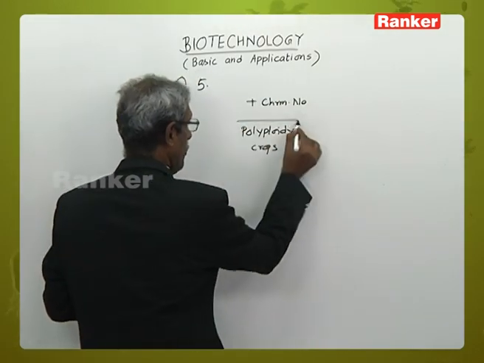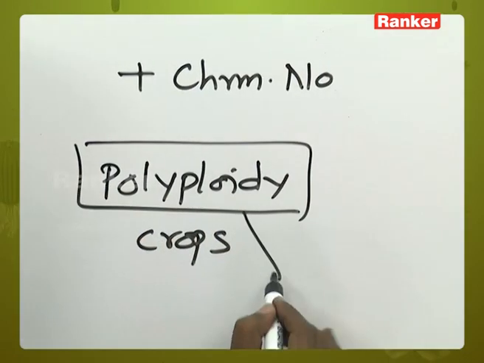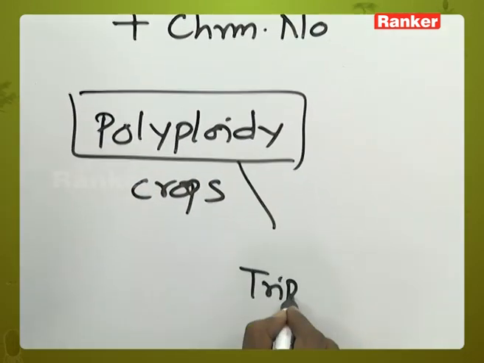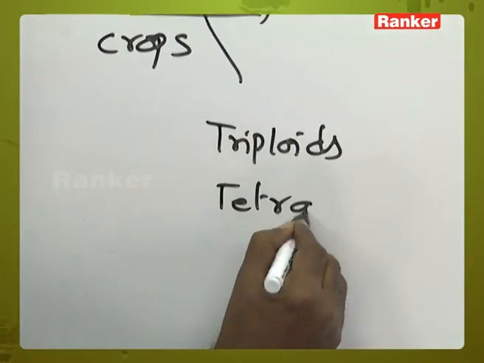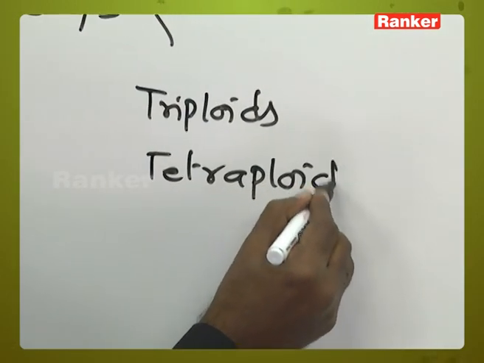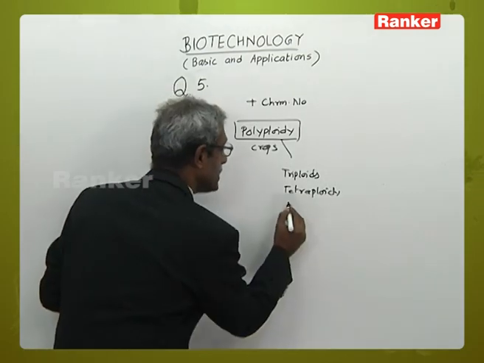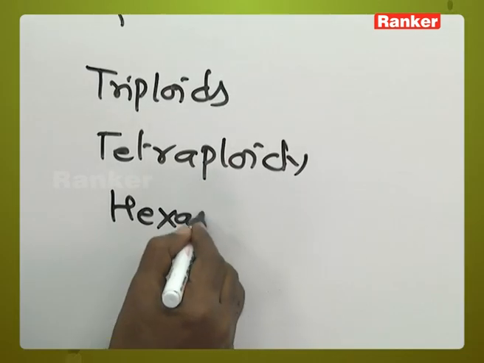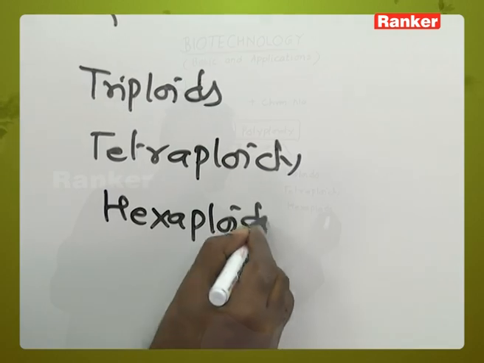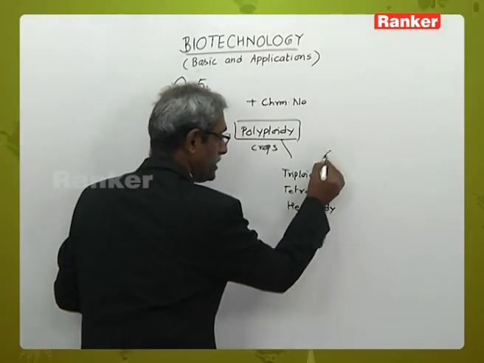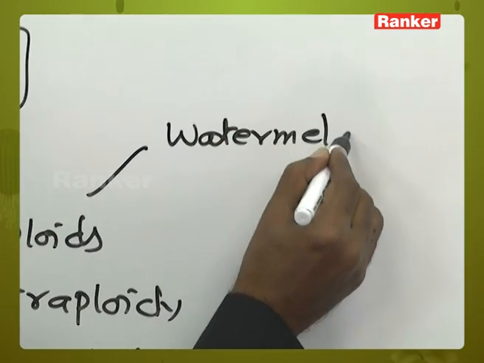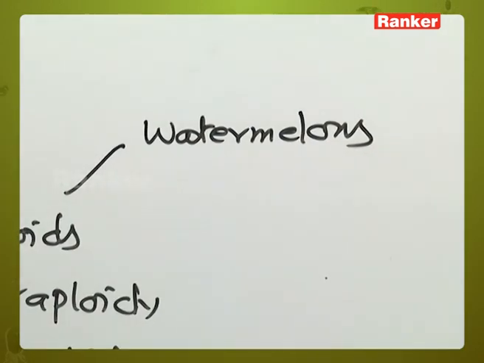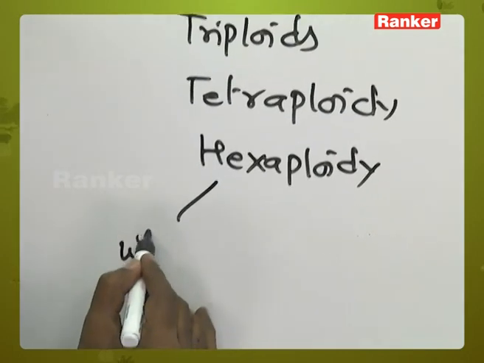Increased chromosome number could include triploids, tetraploids, hexaploids, like you have triploids in the case of watermelons, and hexaploids in the case of wheat.